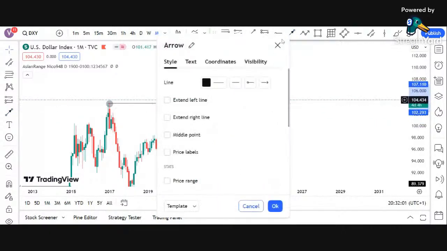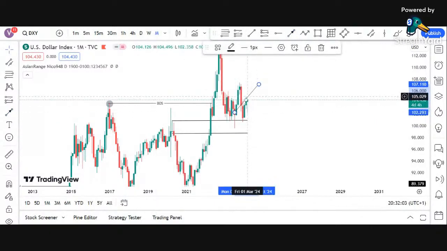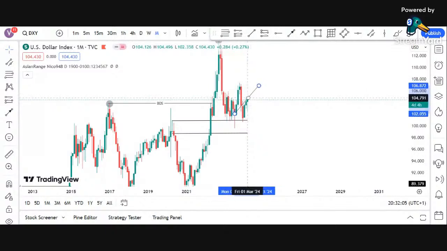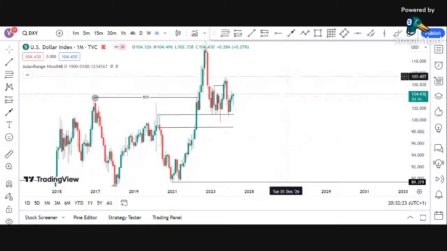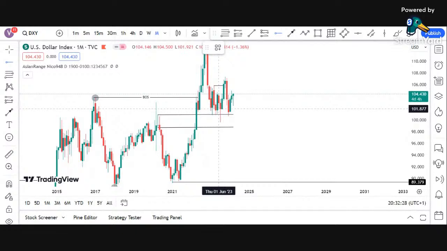This is the candle here, this bearish candle before this bullish candle, and there was a shift in structure here, bullish, on the monthly time frame, and price came into this rejection, this institutional outflow, which is the rejection block there.